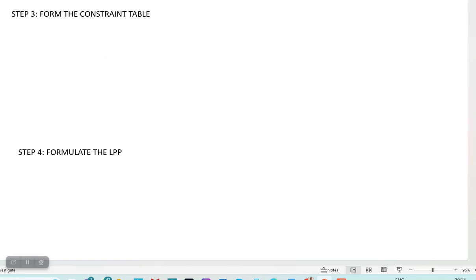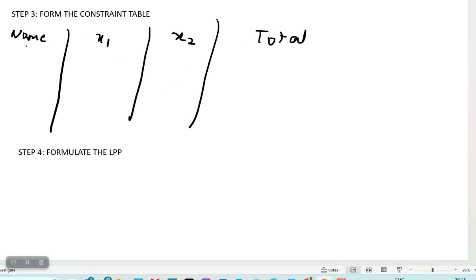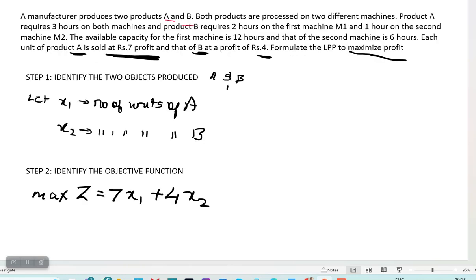Step 3 is to form the constraint table. The constraint table has a pattern. The pattern is name, X1, X2, total. These are the 4 columns. Now the name of the constraint, if you read, is everything apart from A and B. A manufacturer produces two products A and B. Both products are processed on different machines.